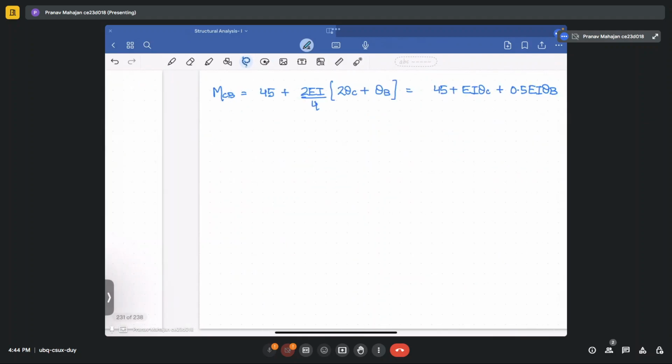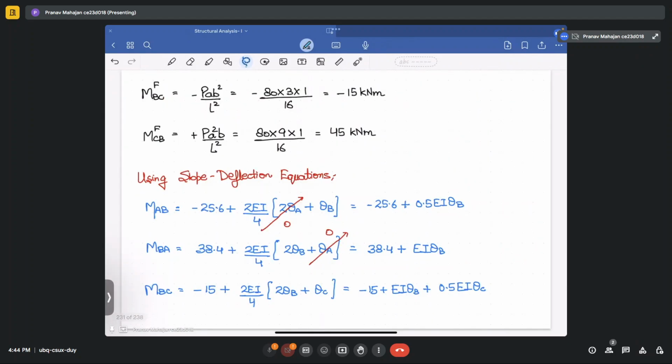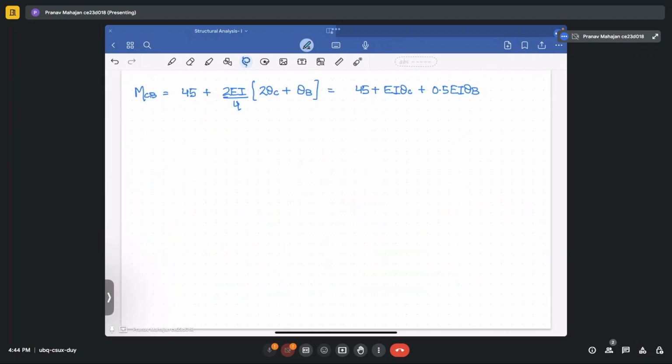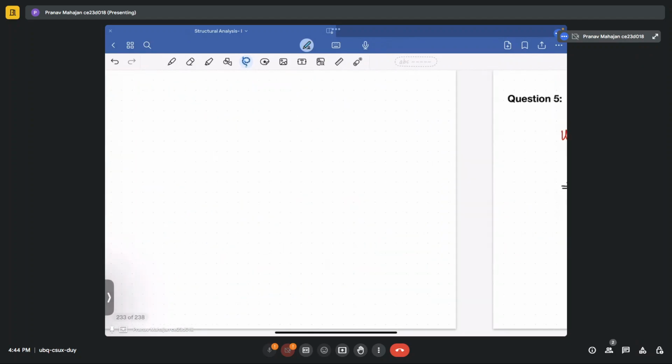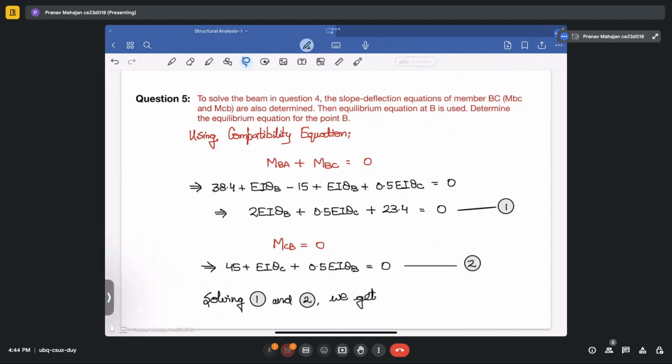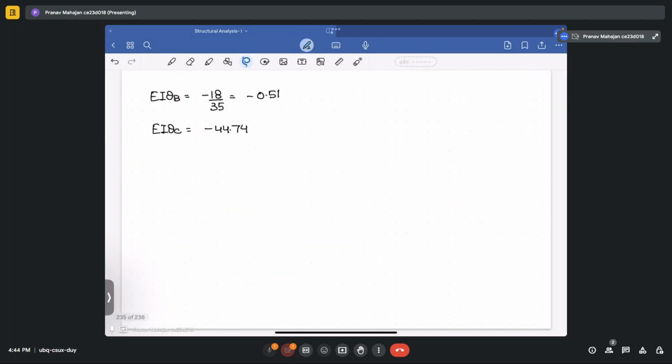So this is the end of question number 4, in which you are required to calculate only the slope deflection equations. In the next question, it is mentioned: using the slope deflection equation of member BC, determine the equilibrium equation at point B. So you have to utilize the equilibrium equation at point B and then solve the problem. Okay, that you have done.